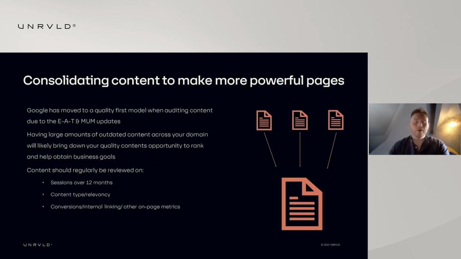And finally, just about consolidating content. This is something we do very regularly, especially off the back of the EAT update, which was around authority and trustworthiness of content, and the MUM update, which is coming out very soon, which is about serving the most relevant piece of content possible. Again, it's just a way of Google understanding how to read more like a human and serving you the correct page. So what we would suggest is, when you do these content audits, look for common themes.